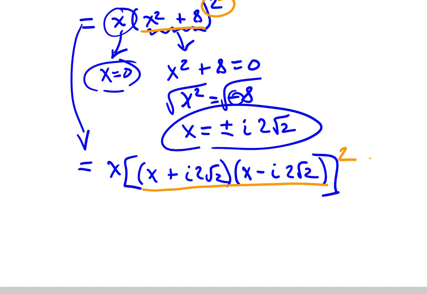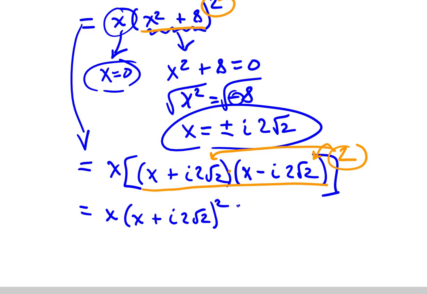And then using exponent rules, since we're multiplying these two factors together, this power of 2 would apply to each of these factors inside. So in summary, we have x, then x plus i times 2 root 2 squared, and then x minus i times 2 root 2 squared as the complete factored form of our original polynomial.